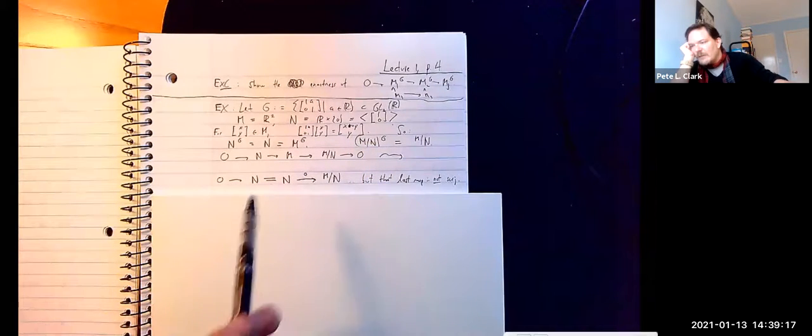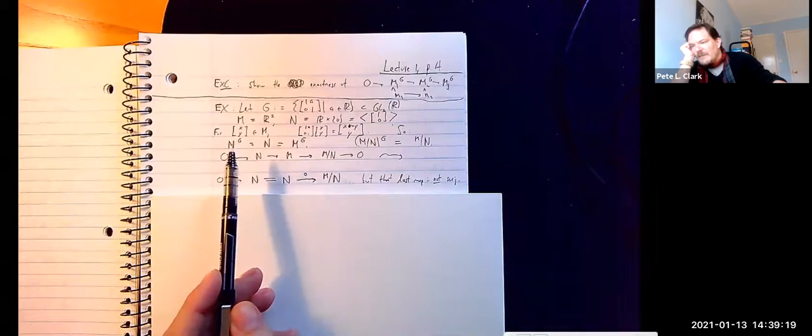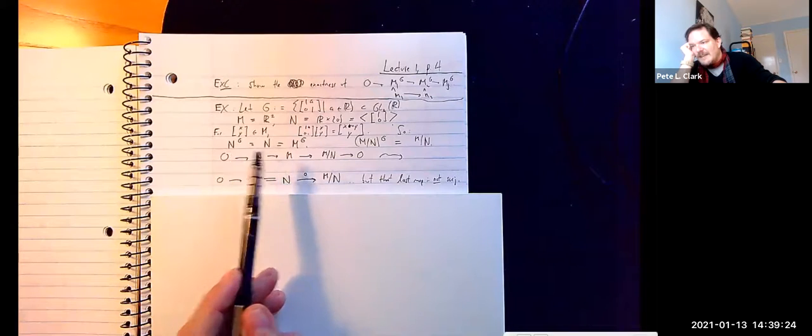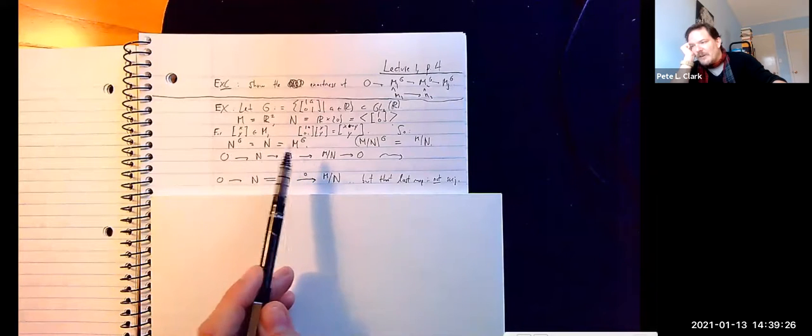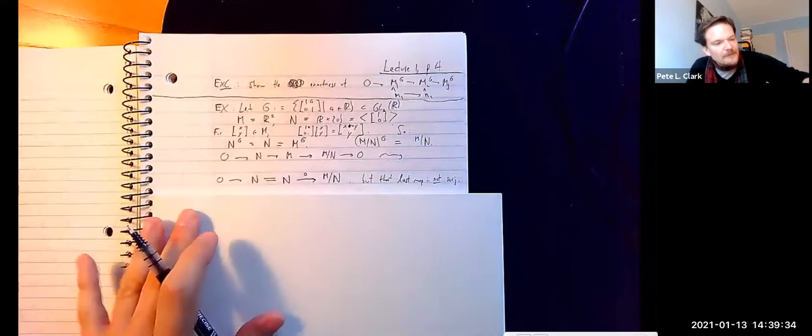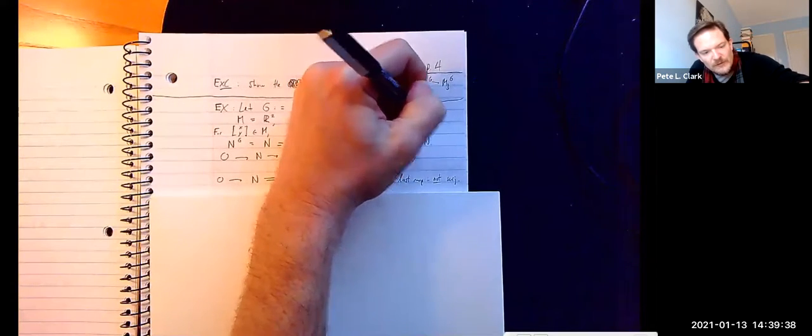And so right, therefore the fixed submodule of N is N itself, but N is also the fixed submodule of M. Okay. What about the quotient? By the way, maybe I didn't write this down. I have some short exact sequence, of course: 0 goes to N, goes to M, goes to M mod N, goes to 0.